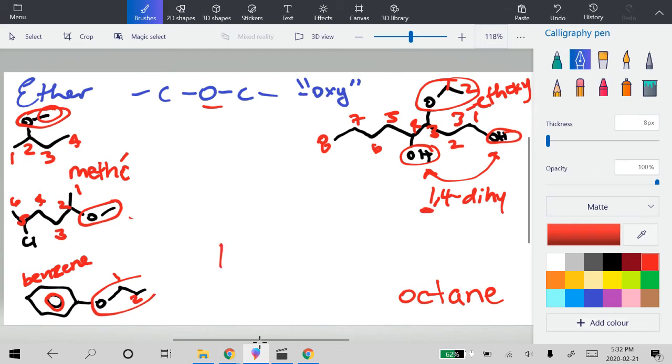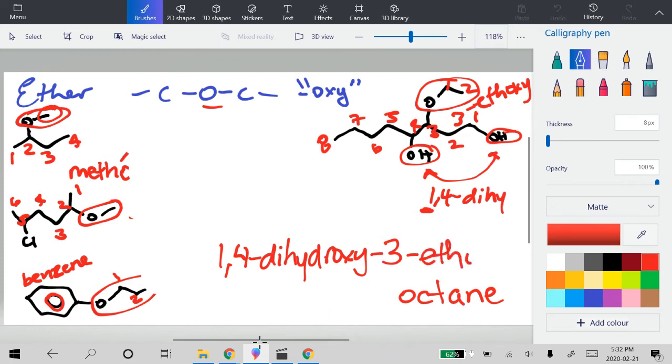So I think in our class we'll call it a 1,4 first. Dihydroxy, and then follow that with the 3-ethoxy. So that the numerical 1 wins. So the full name is 1,4-dihydroxy-3-ethoxyoctane for that molecule.